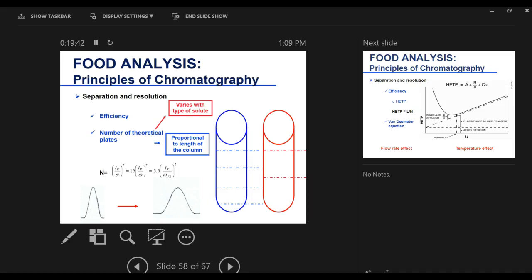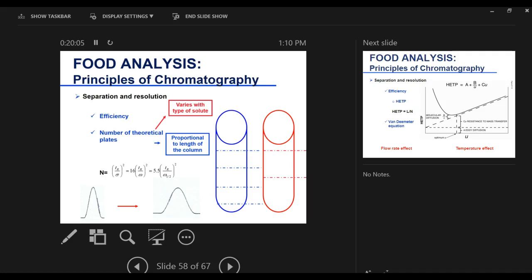So if it took longer distance, if it occupies longer distance on your stationary phase, that means it's going to come out over a long period of time. And that's what makes it, this is the signal. That's the signal that you detect at each time point. So you're getting this sample coming out over a long period of time.